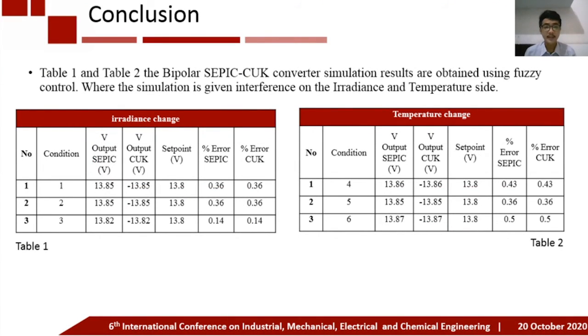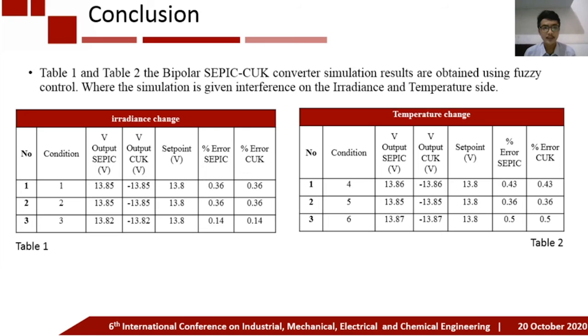Conclusion. Table 1 and Table 2, the Bipolar Sepic-Cuk Converter simulation result are obtained using fuzzy control, where the simulation is given interference on the irradiance and temperature side. Table 1 shows the simulation result with three different conditions by changing irradiance.